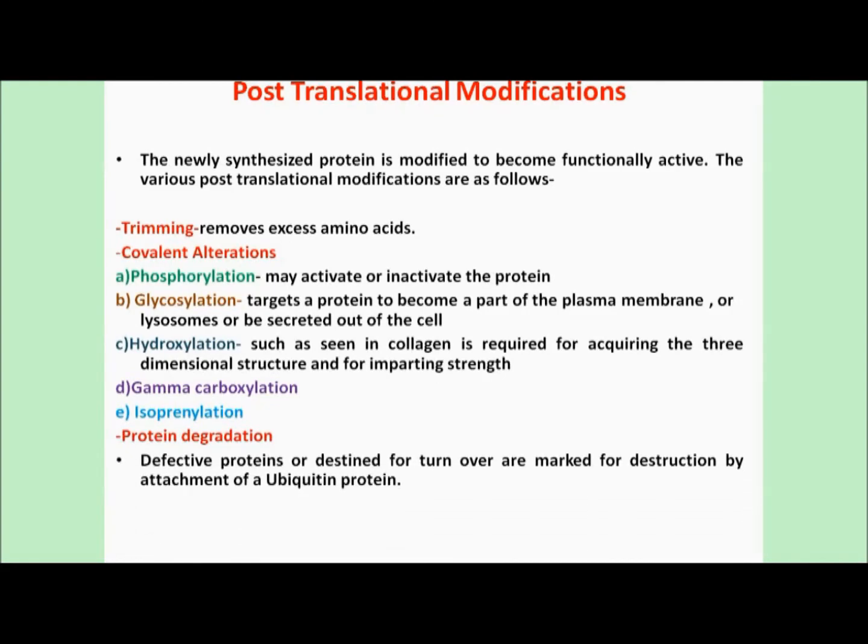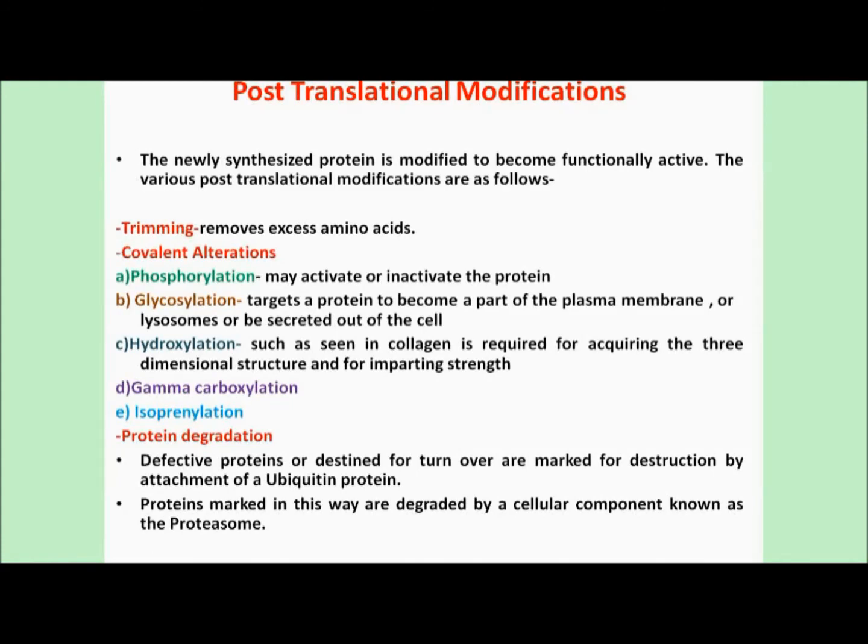So basically, a defective protein, if it is formed or destined for turnover, is marked for destruction by the attachment of a protein known as ubiquitin. So a defective protein, if it is produced in the cell, will be marked for destruction, and this destruction is carried out with the ubiquitin protein, right?